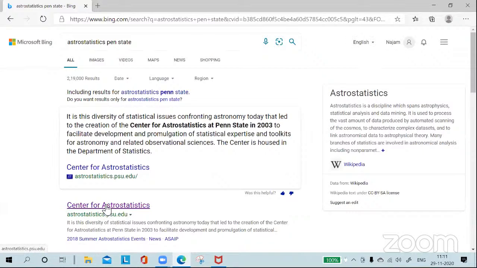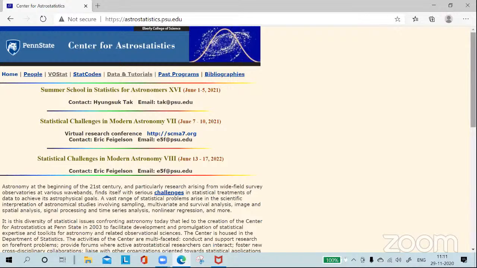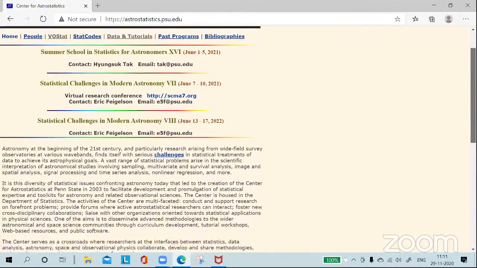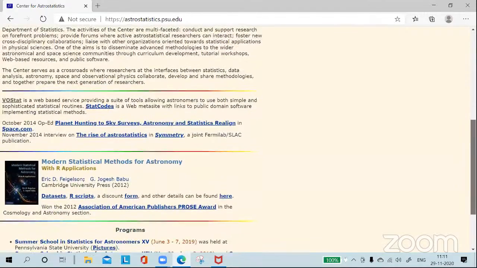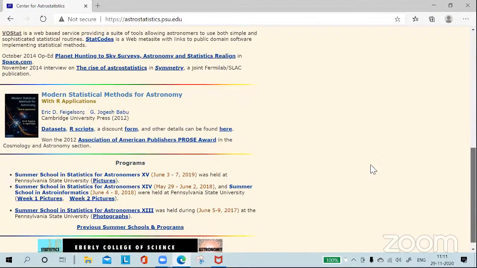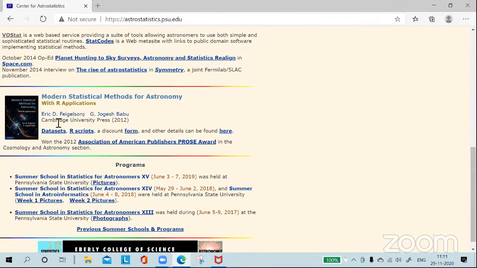So Center for Astrostatistics at psu.edu. See, you'll hit upon this one, and here is the book, which is a very good book by Eric Feigelson and Jogesh Babu.